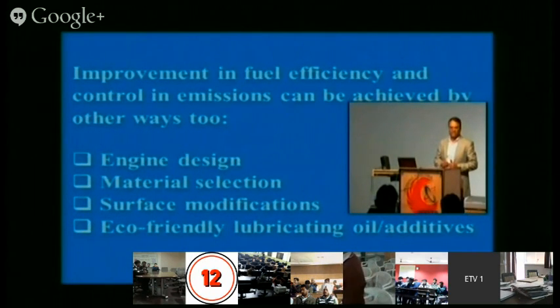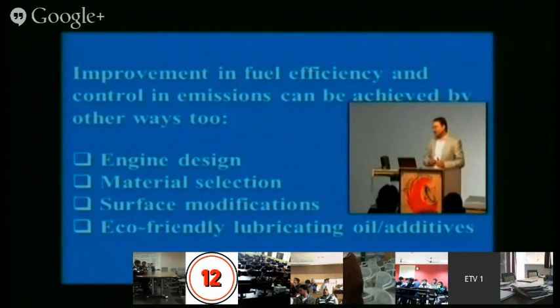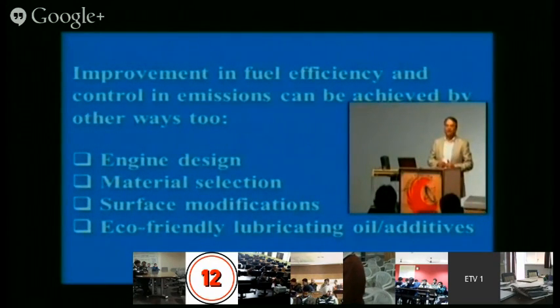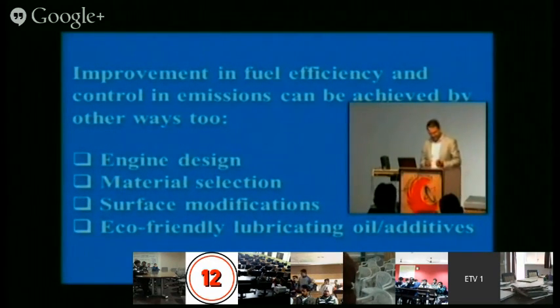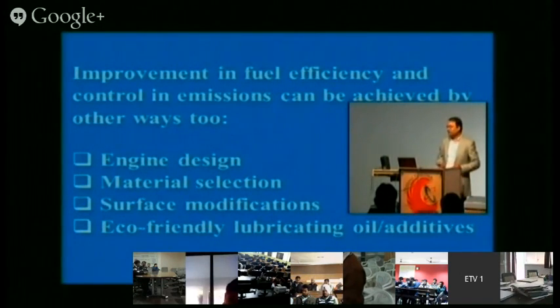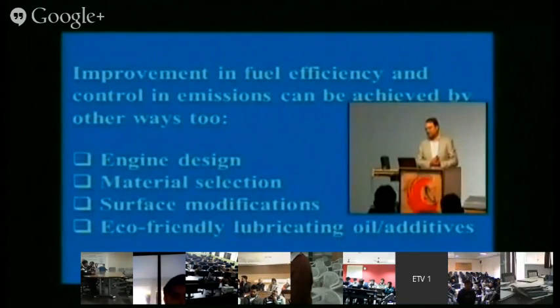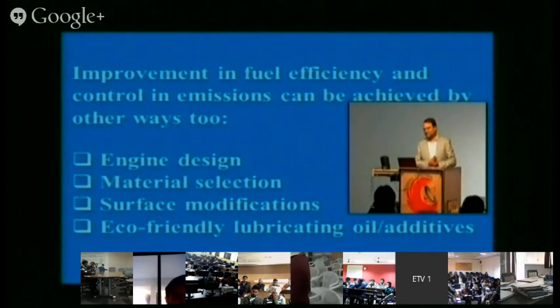It should be discouraged. And another point is that eco-friendly lubricating oil or additive should be created and used in the engine. Right now, though all four points are equally important, our discussion will be on surface modification.